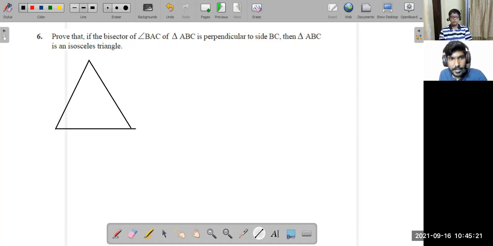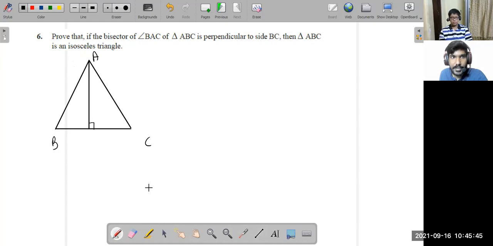In triangle ABC, the bisector of angle BAC. So if BAC is here, then the bisector of angle BAC is perpendicular to side BC.